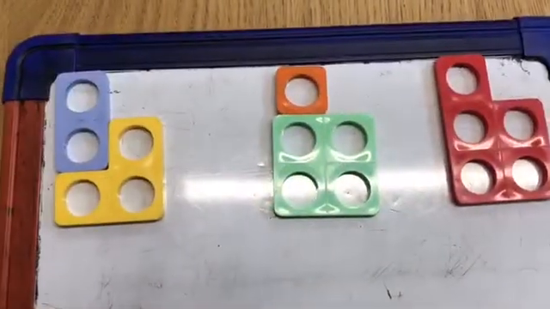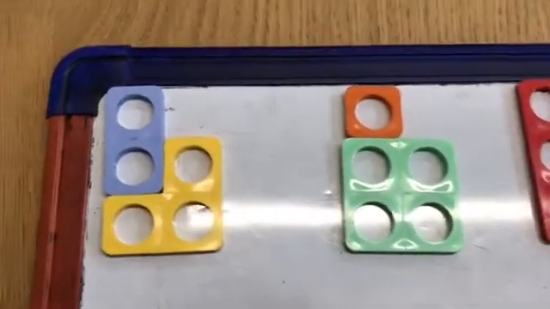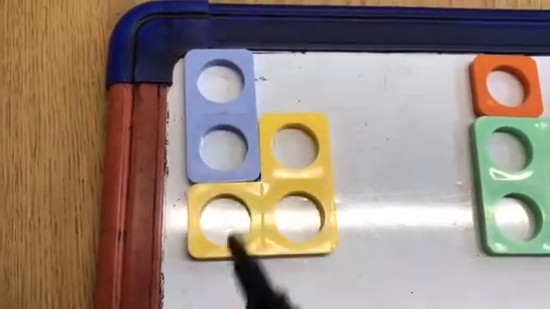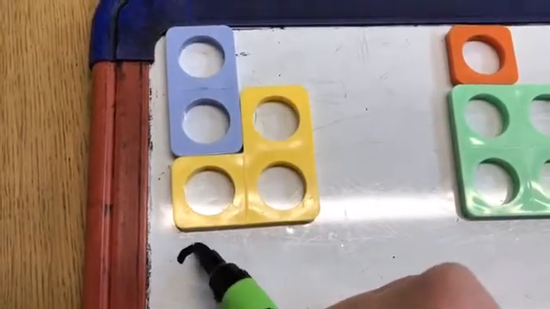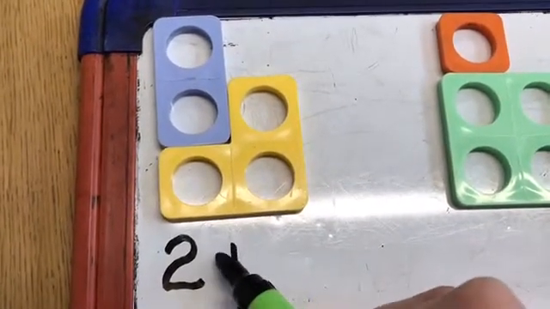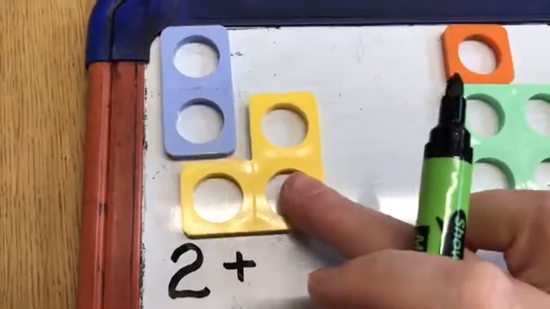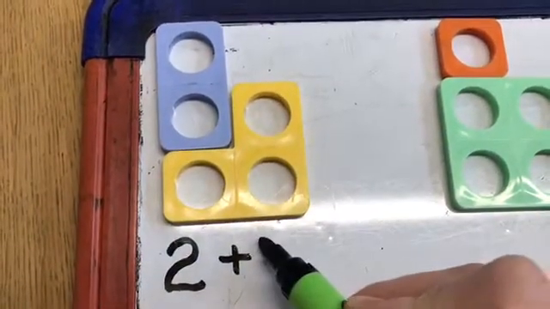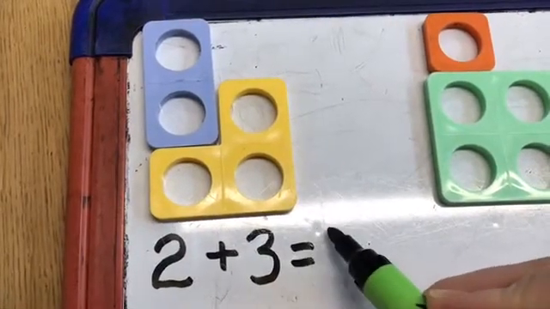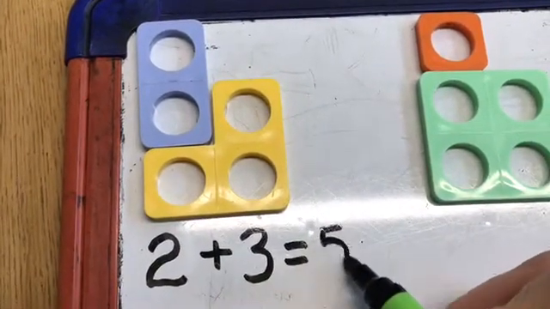Now I've put them on my whiteboard, and to start with I'm going to look at this one. What's this worth? That's right, it's worth 2. And if I add 3 to it, it will equal 5.